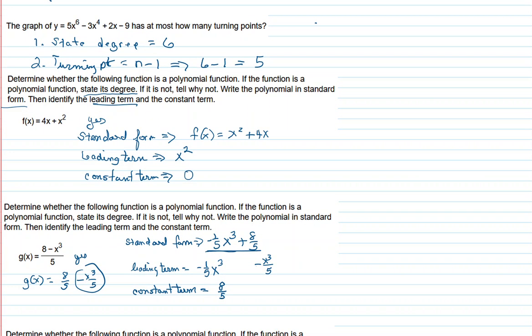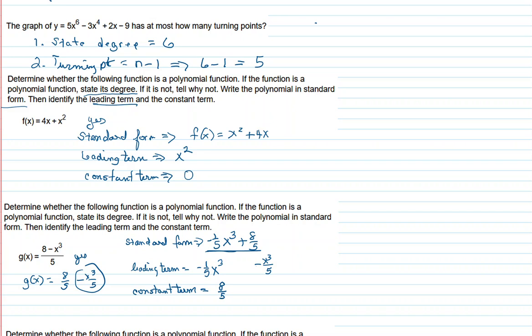The next example we did was this guy right here. The graph of y equals 5x to the 6th minus 3x to the 4th plus 2x minus 9 has at most how many turning points? Now, first we have to figure out the degree. What is the degree? 6, right.